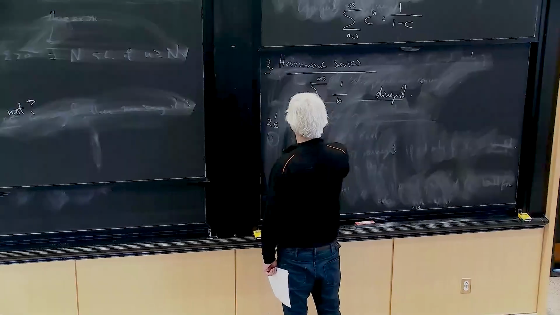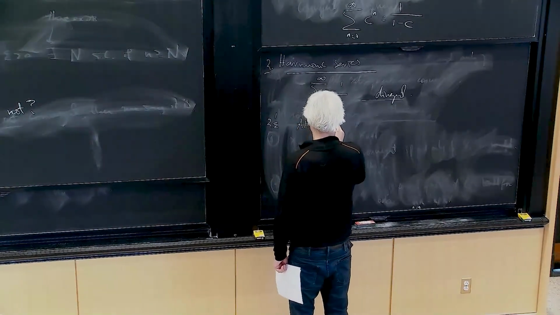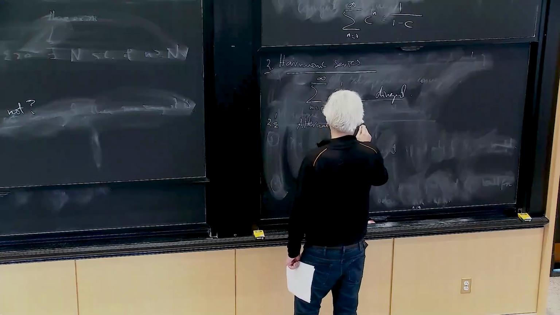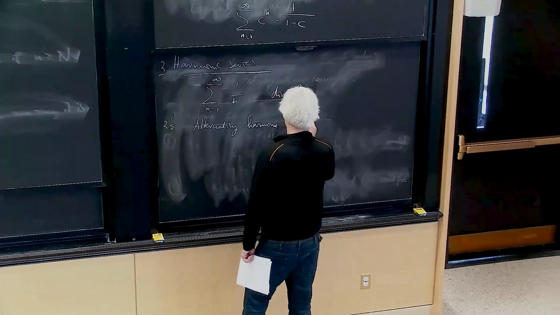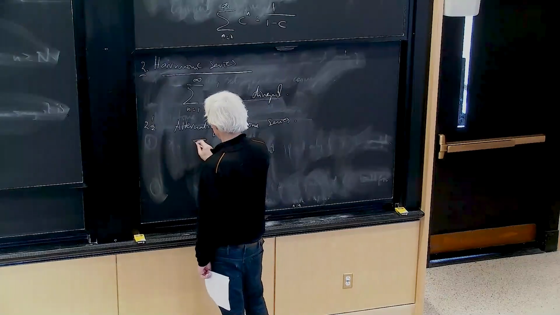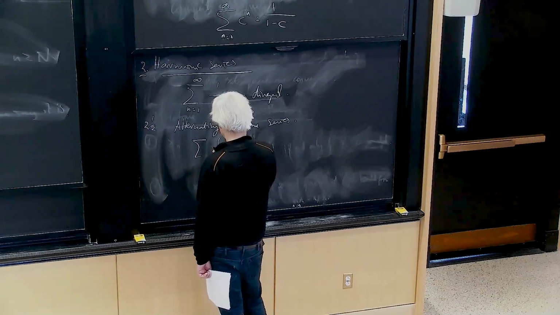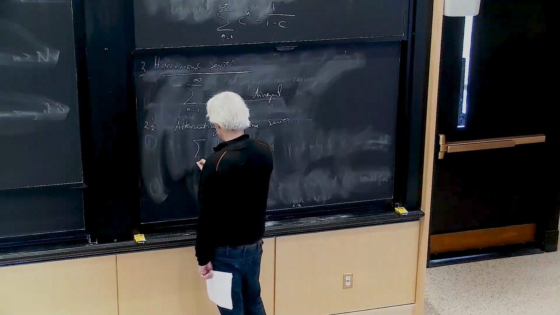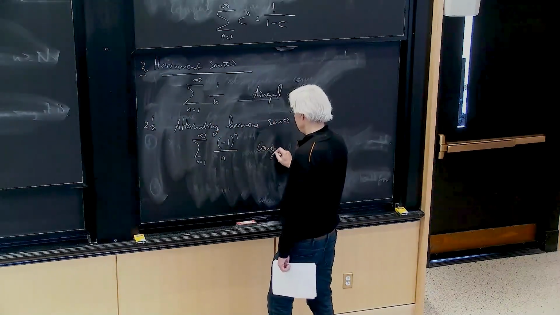That's called the alternating harmonic series. The alternating one was like the harmonic series, but the sign was alternating. And this here is actually convergent.